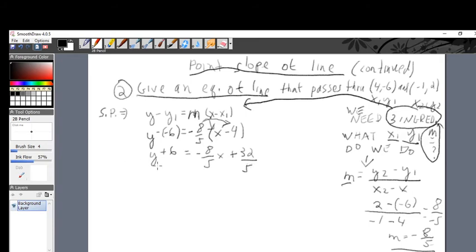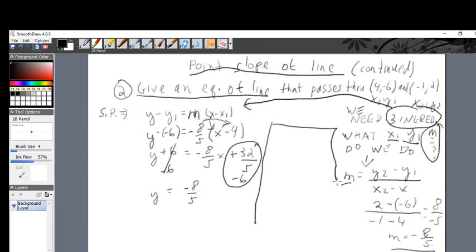Okay, continue. We have -6 on this side and -6 on this side. That'll get us y equals -8/5 x, and now we have to figure this out.